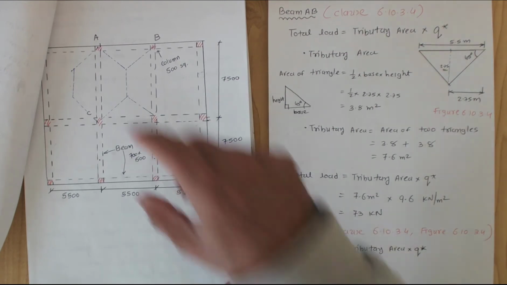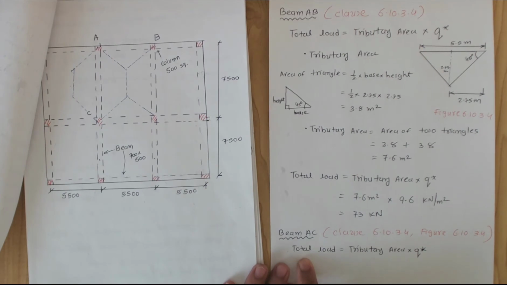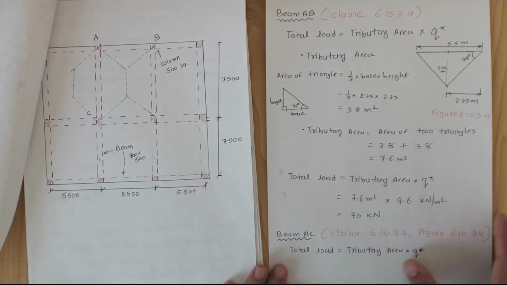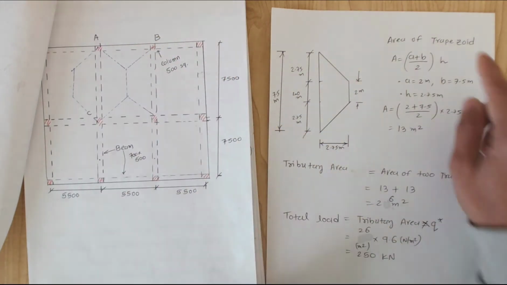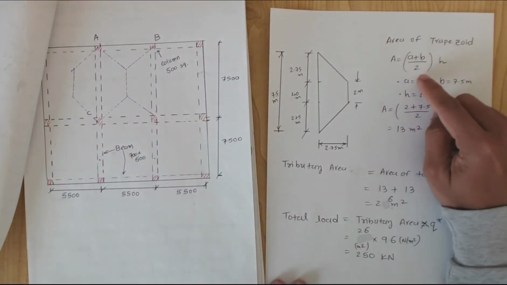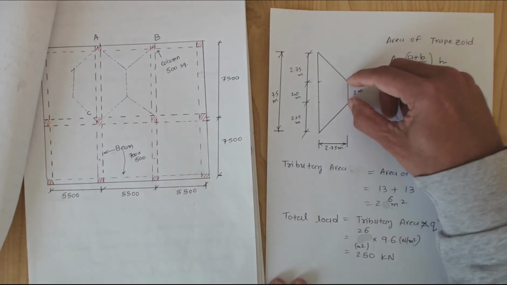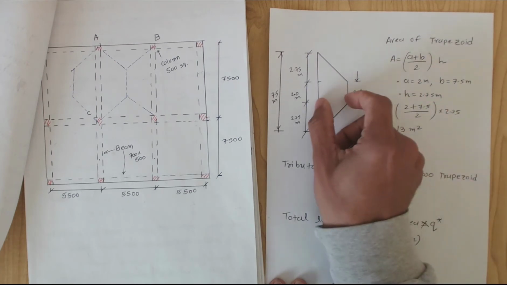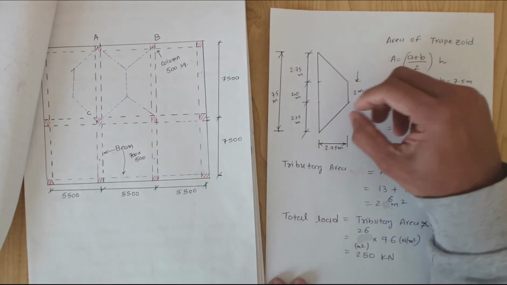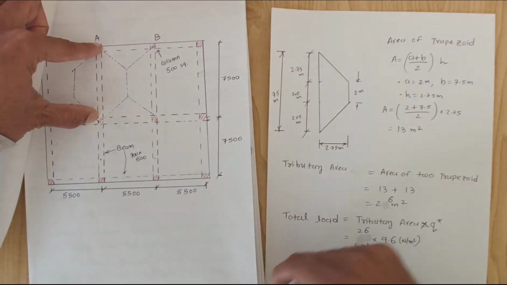Beam AC, so beam AC is along this long span. Again the same equation: total load is equal to tributary area times Q star. Now the tributary area is a trapezoidal area. The area of a trapezoid is (A plus B) over 2 times H, where A is the small length, B is the larger length, and H is the height between them. So how do I calculate this? 7.5 meters is given in the figures.